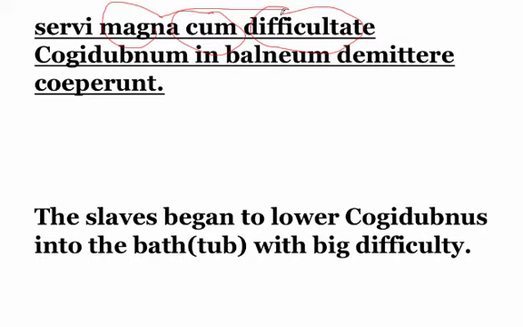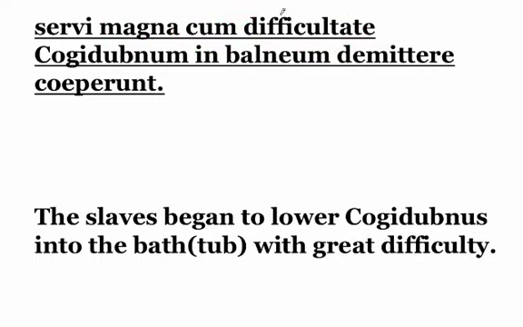Maybe you've heard the phrase summa cum laude. When people graduate, summa cum laude means with great praise. But now, magnus means big, but sometimes it makes sense to use the word big, like you talk about a big house, that's fine, magna villa. But what would be a better English translation? Instead of big difficulty, great difficulty.